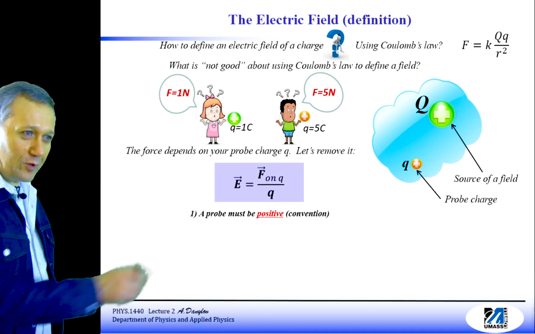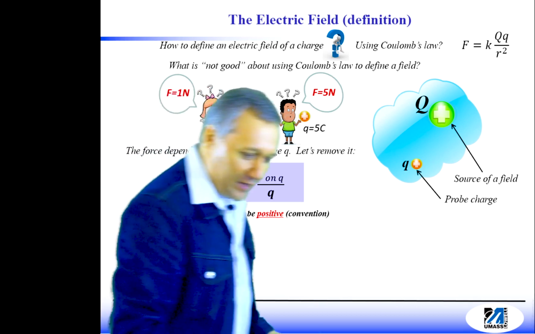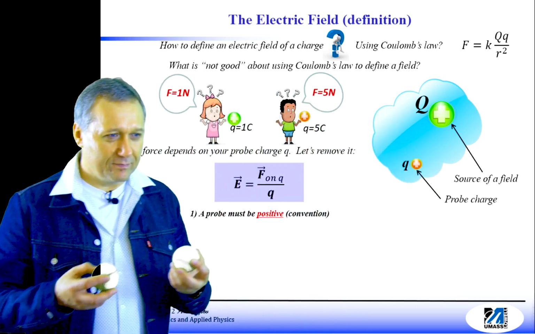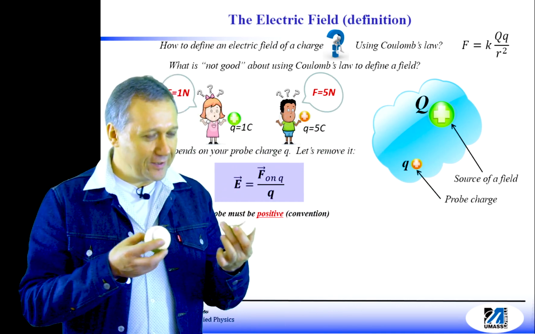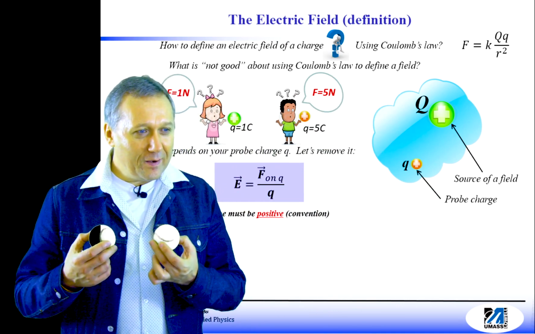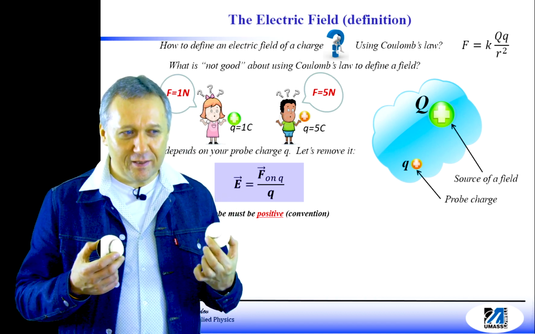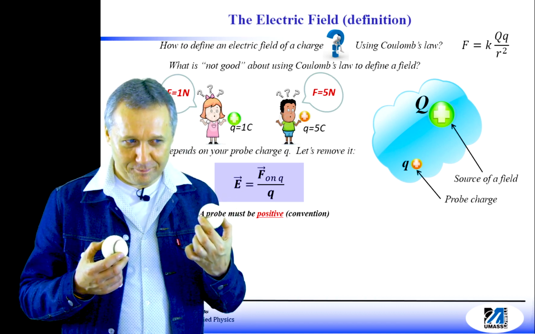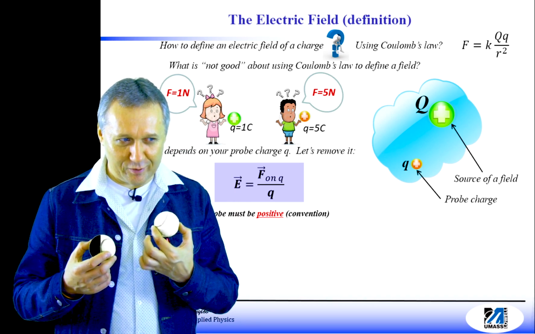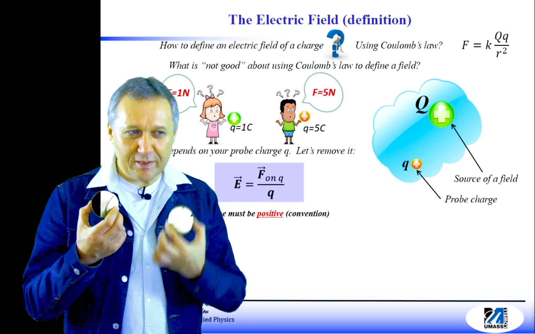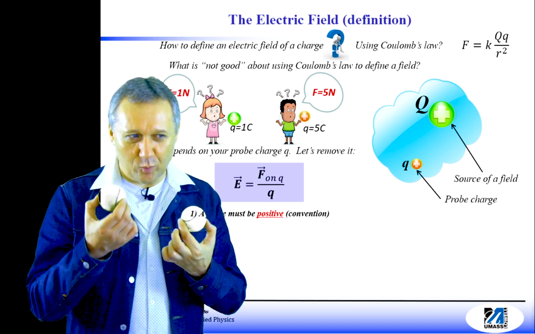But it's not, again, the end of the story. What else must be imposed? Imagine this situation. These barely visible tennis balls, right? Let's say this charge creates an electric field. Let me move it here. Then this is my probe charge. Let's say this is 1 coulomb and this is 1 coulomb.